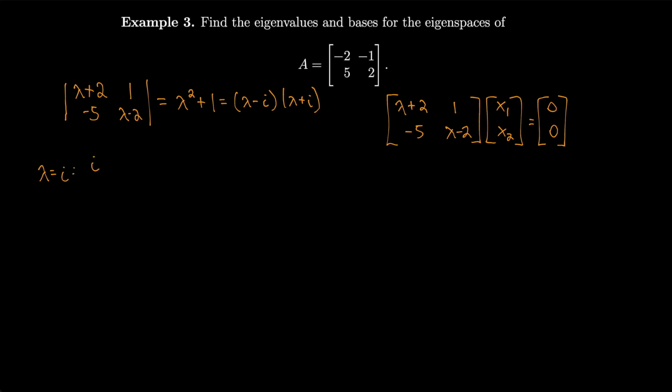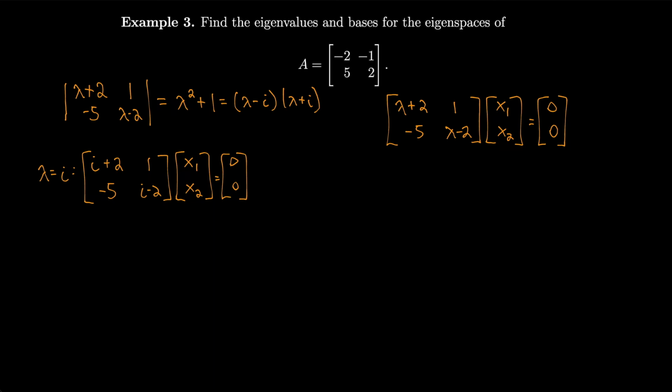So substituting in for lambda, we get i plus 2, 1, minus 5, i minus 2 for our matrix. And we will multiply that by x1, x2, and set it equal to 0, 0.